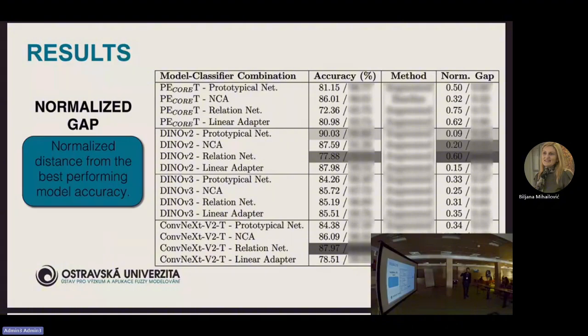So we have the 4 embedders, which are the convolution networks, the Dino, and the perception encoder, combined with all 4 classifiers.